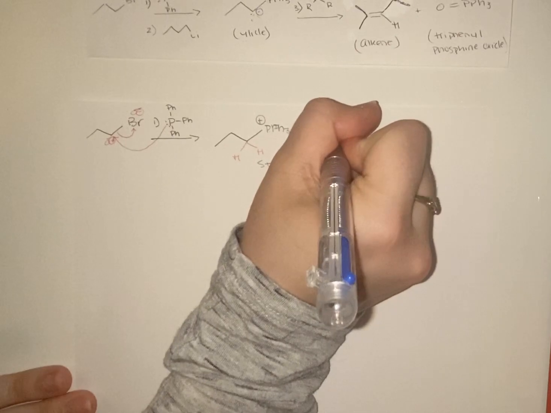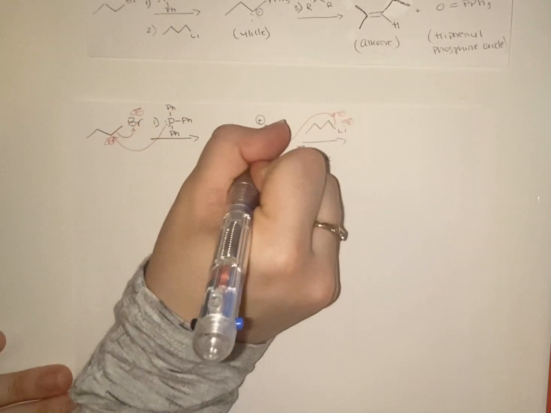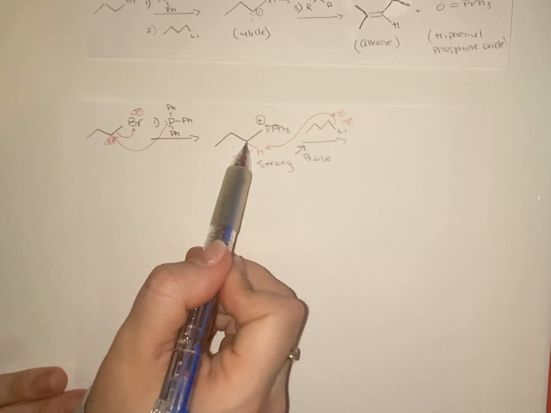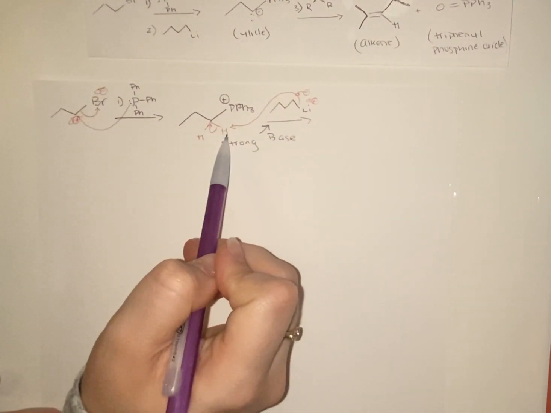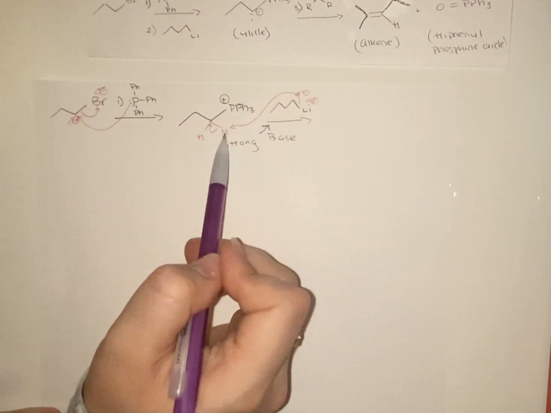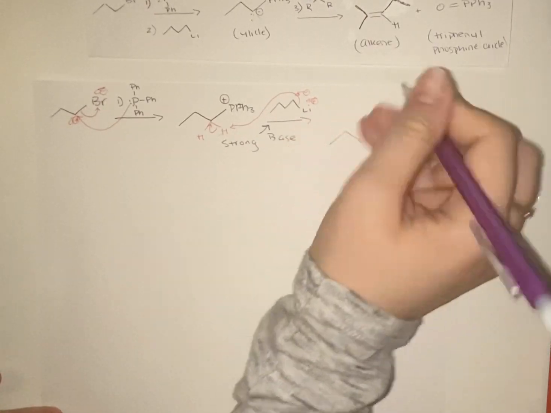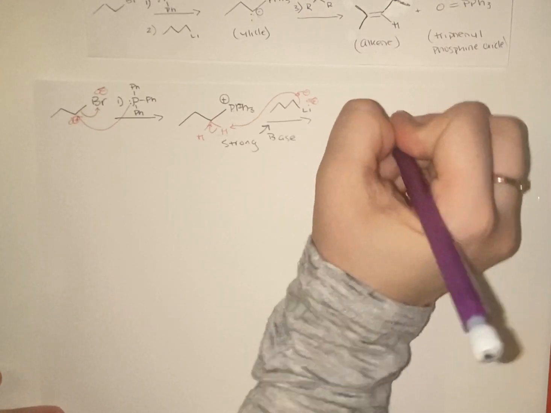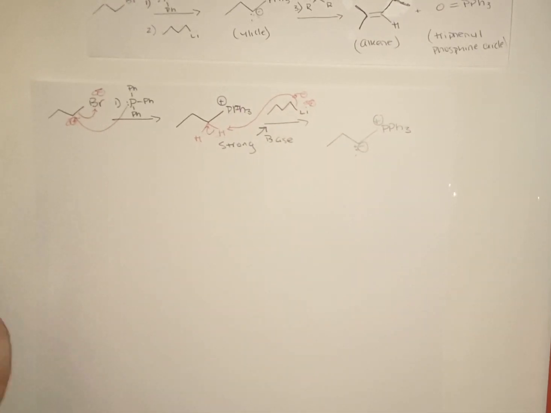So this will attack the hydrogen, and then the bond will break and the electrons will come onto the carbon. This hydrogen is fairly acidic because of that resonance stability, so it will be taken off, and what you will get is the ylide, and it will have a negative charge on the carbon along with 2 lone pairs.